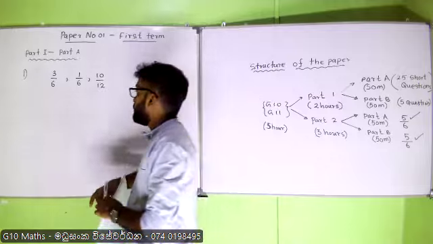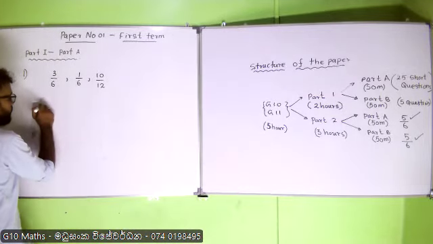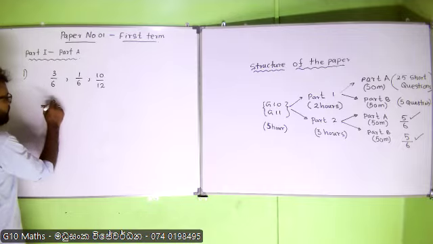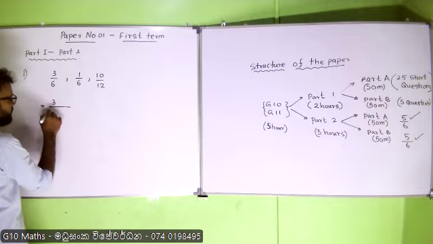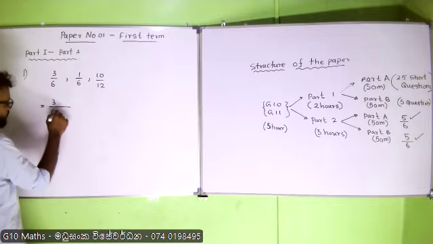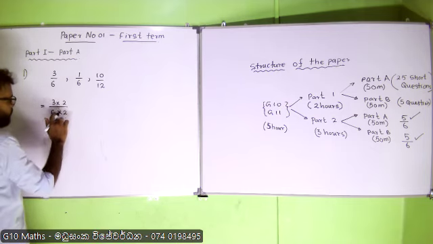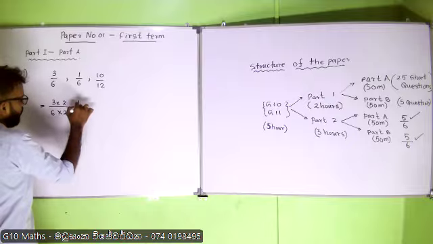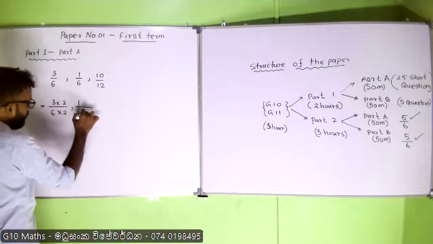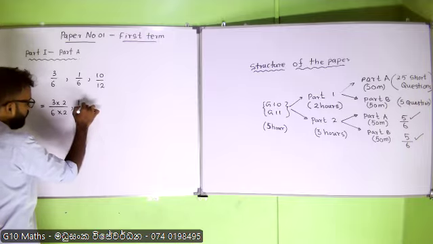So you know how to convert this 6 into 12. I am going to do it because I need to have equal denominators before comparing the fractions. 3 upon 6 multiplied by 2, both numerator and denominator should be multiplied by 2. Comma, 1 upon 6 multiplied by 2, multiplied by 2.